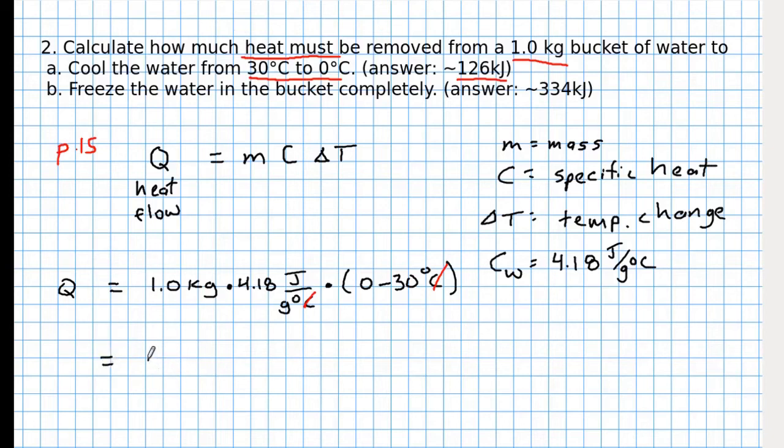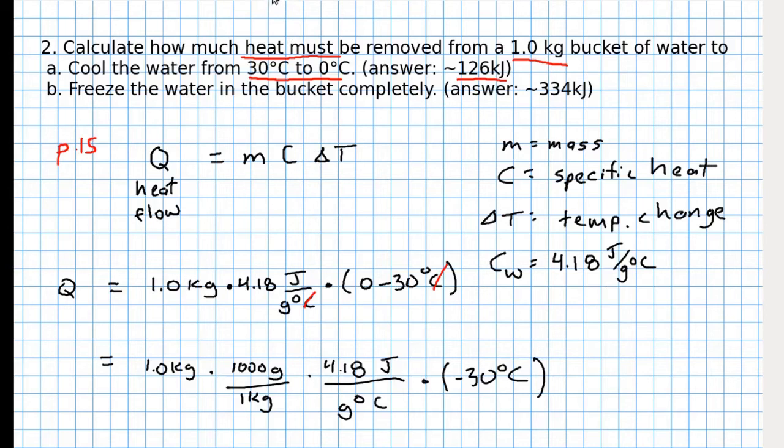So I've got 1.0 kilograms times 1,000 grams in 1 kilogram times 4.18 joules per gram degree C times minus 30 degrees C.